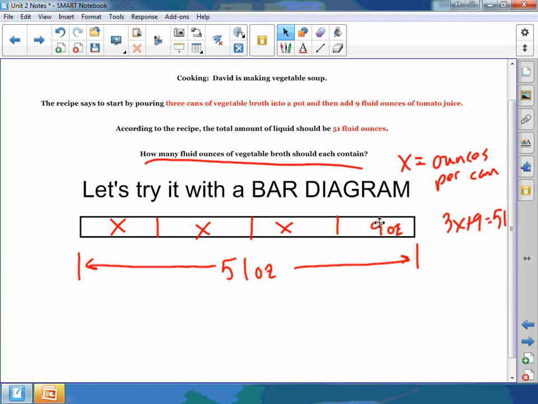Try to give me the value of x that's going to make that bar equivalent to 51 ounces. Yeah, good.